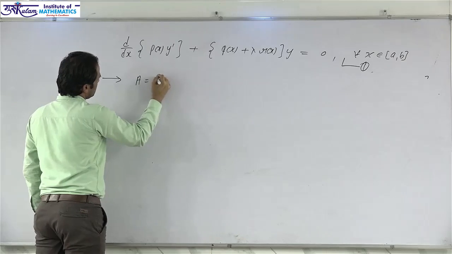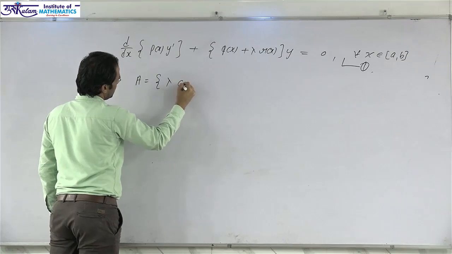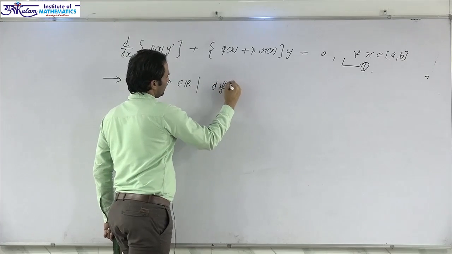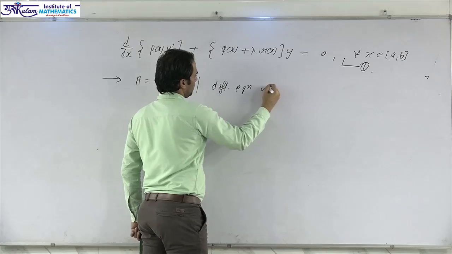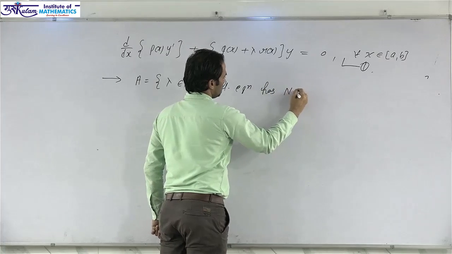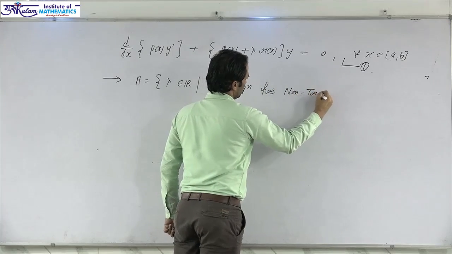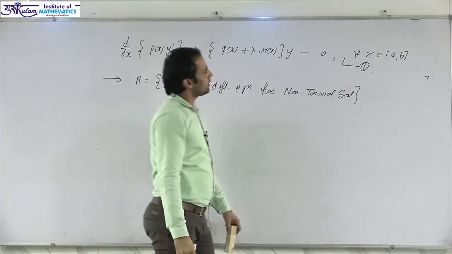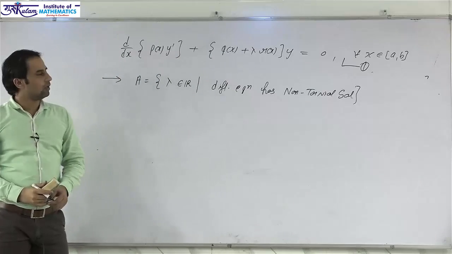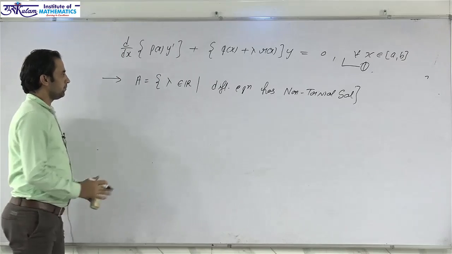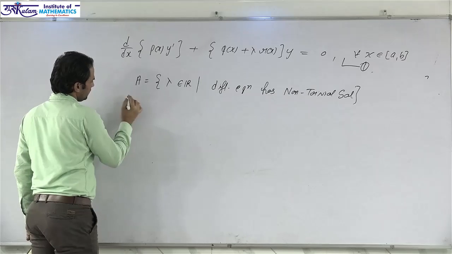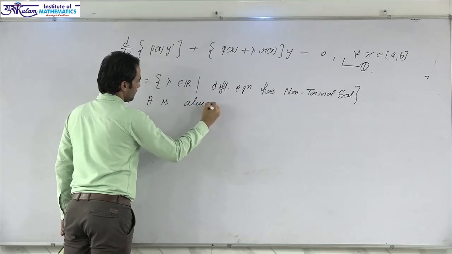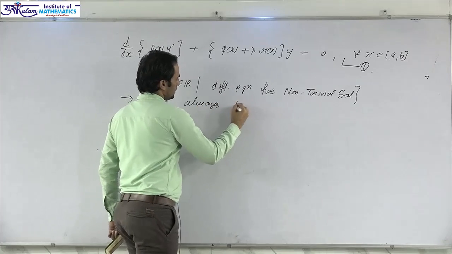If A is the set of lambda belonging to R such that the differential equation has a non-trivial solution, that is, A is the set of all eigenvalues of the differential equation, then A is always an infinite set.